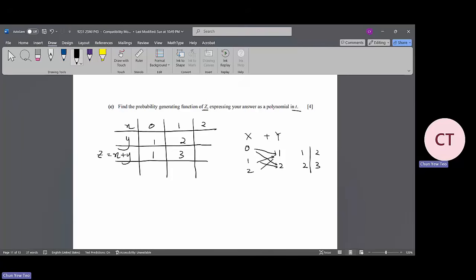You add these together, get 3 and 4. So we need to consider all these situations, including the 2, 2 case. At the end, you can get the random variable Z as 1, 2, 3, and 4. So we need to find the probability.